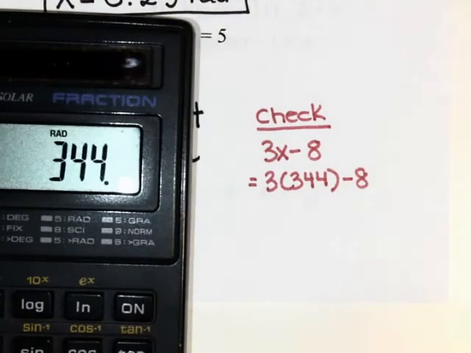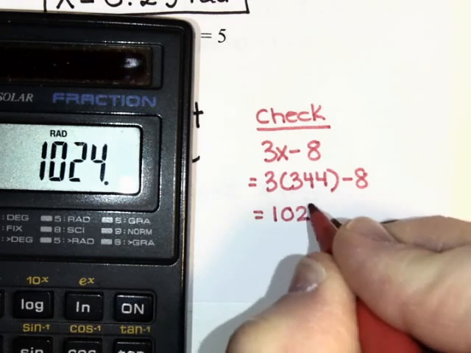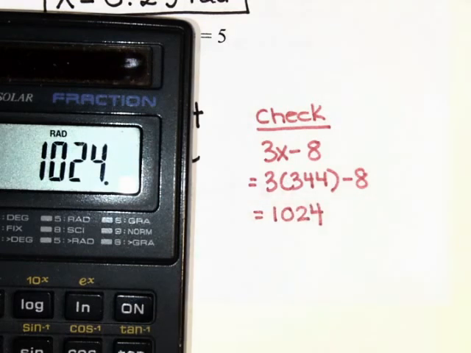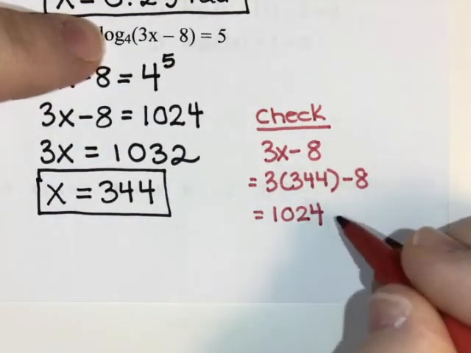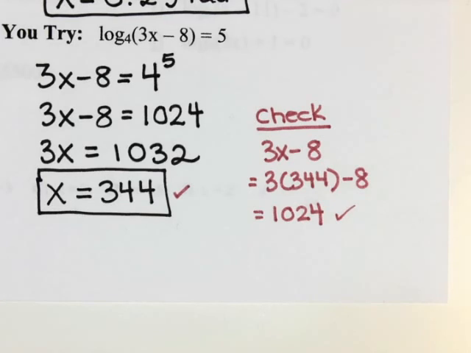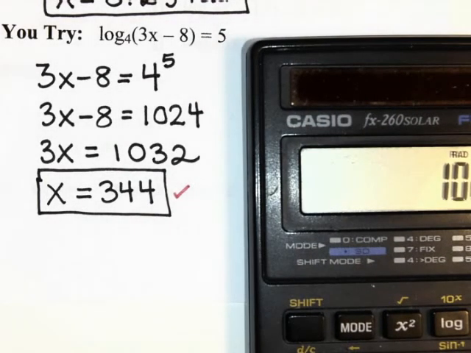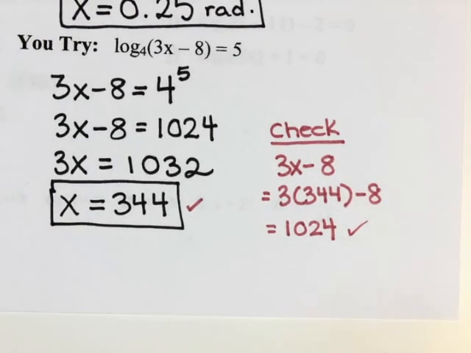So 344 times 3 minus 8 is 1,024. Is that 0? No. Is that a negative? No, which means I'm okay. I could take a log of a number like 1,024. So that means 344 is okay. Now you could just do the check on your calculator, and that's okay. You don't have to write it down, but I did because it was our note.